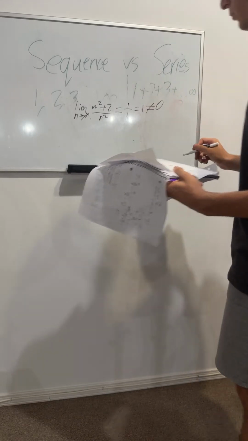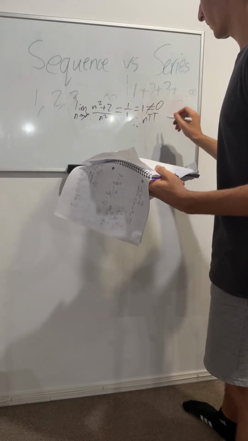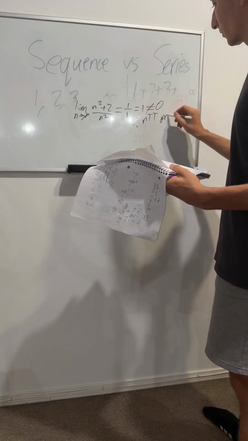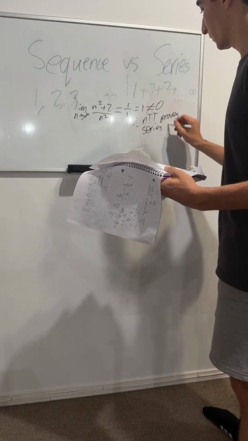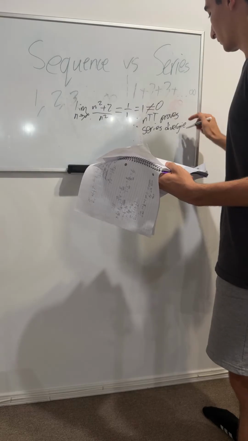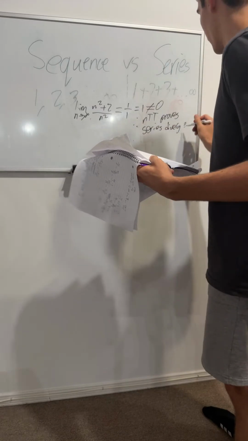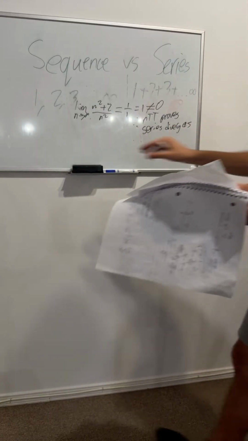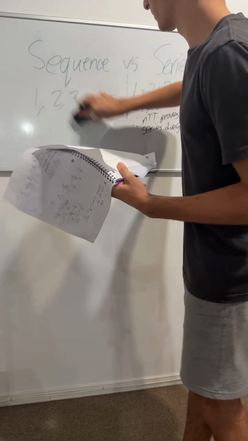And since 1 is not equal to 0, we know that by the nth term test, the series diverges. Diverges. Okay. So there you go. That's the long and the short of number 13.